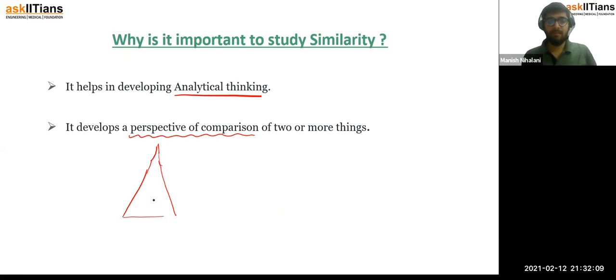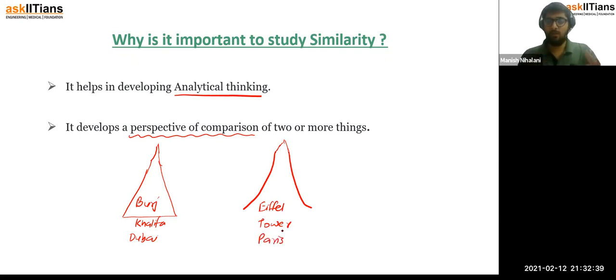Similarly, you have the Eiffel Tower. This is the Burj Khalifa, which is in Dubai. And then you also have the Eiffel Tower, which is again a conical shaped structure, and it is in Paris.